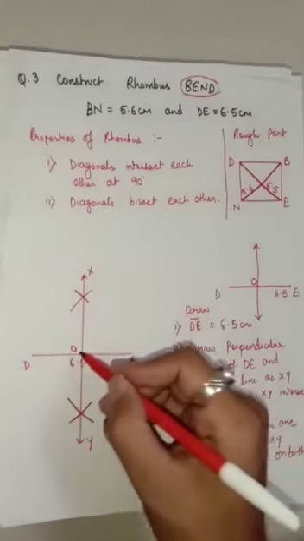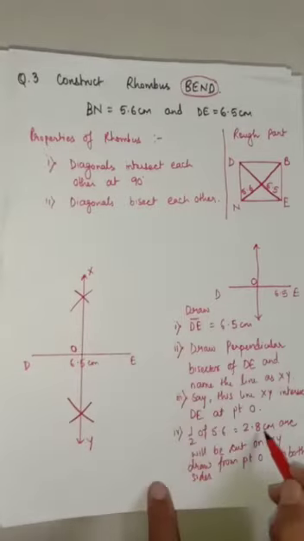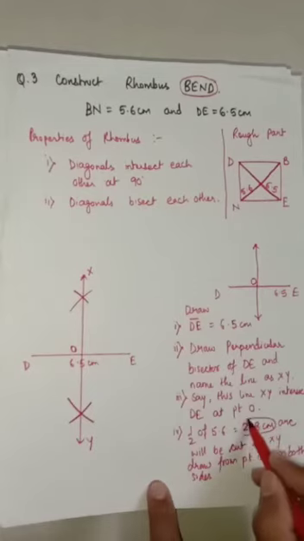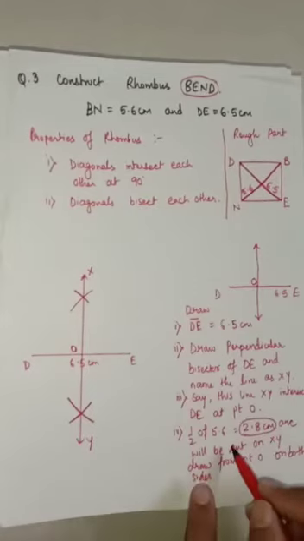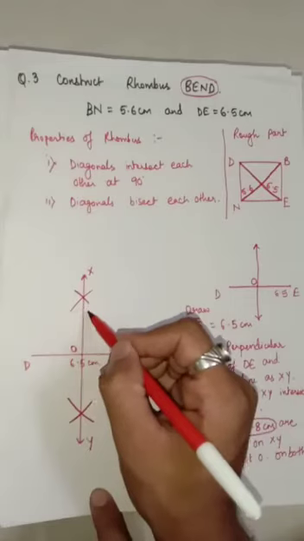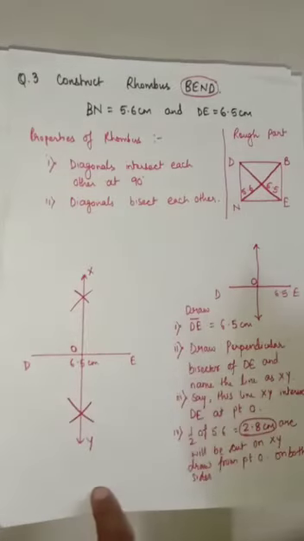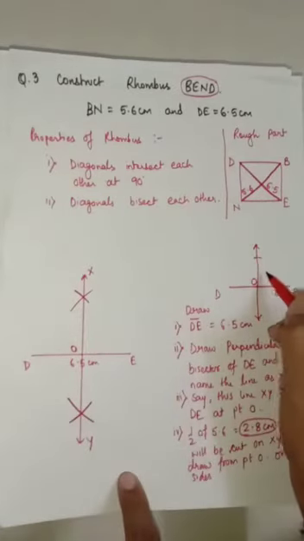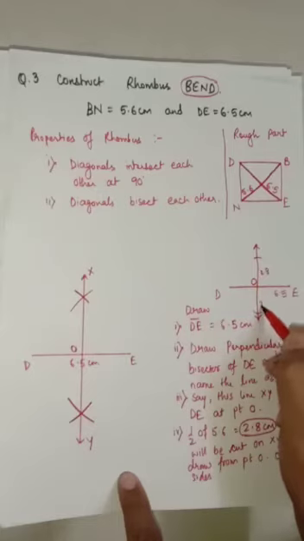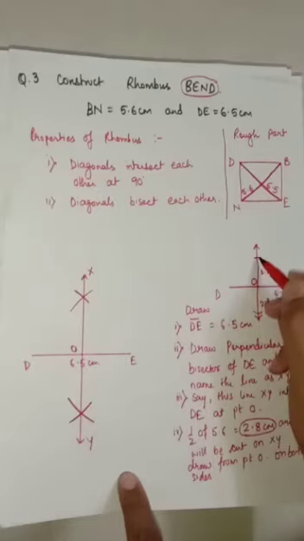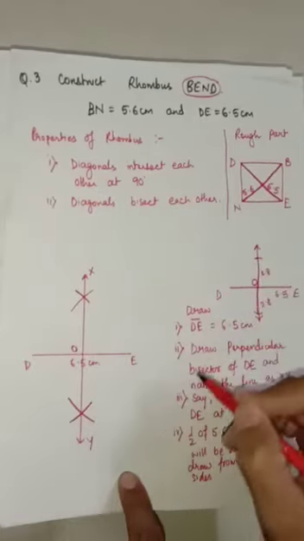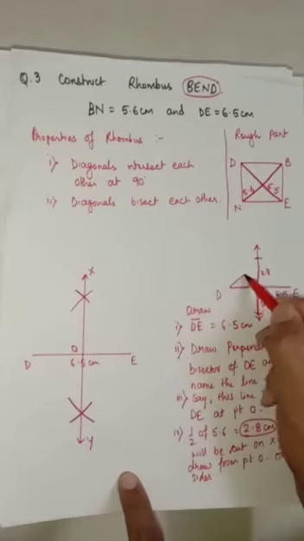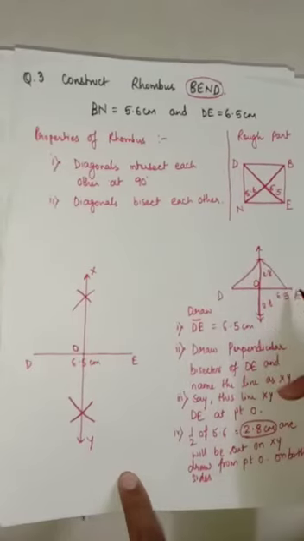From point O we will cut an arc of 2.8 centimeter, half of 5.6. 2.8 will be here and 2.8 will be here, so in total this line, from here to here, will be 5.6, and then we will join this, so this will be a rhombus. Understood?